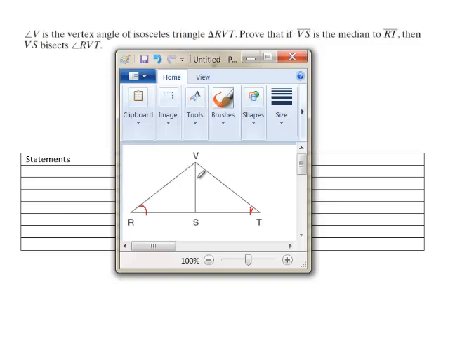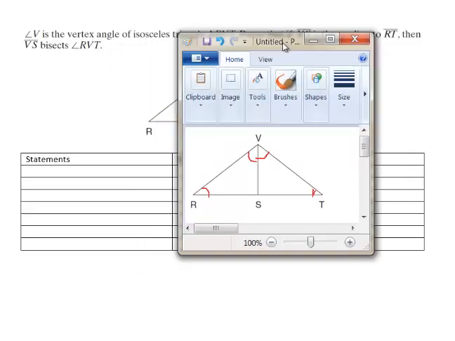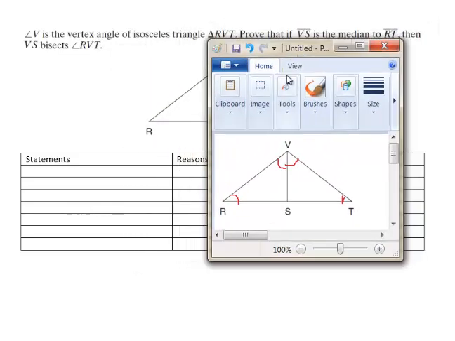Prove that if VS is the median to RT, so we're going to make that assumption. We're going to assume that VS is the median of RT, then VS bisects RVT, which essentially means that this angle would equal that angle, because bisecting means it splits it into two. So let us go ahead and see how we would go about proving that.